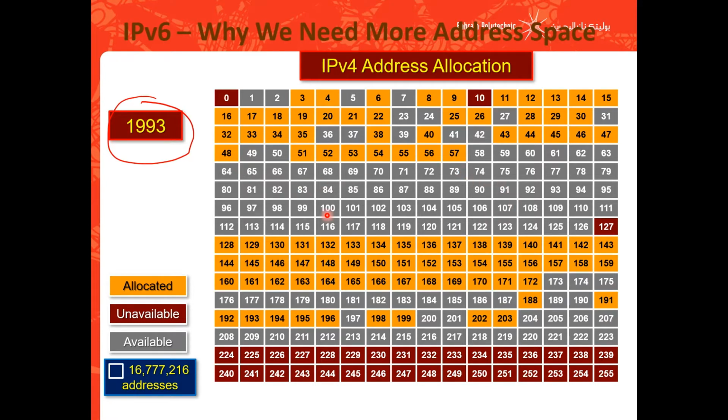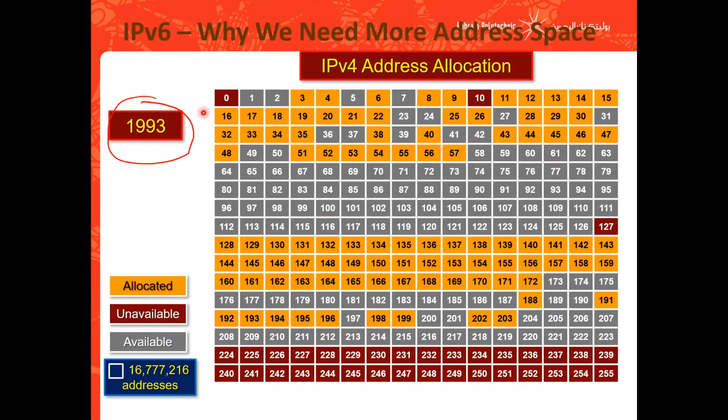So these addresses weren't taken, they weren't being used. And we also know that in IPv4, not all of the addresses were available for use. If you remember Class D and Class E, the addresses in those classes were reserved for multicasting and research and development, right? So those, again, we cannot use them. So those were reserved. They were unavailable basically.